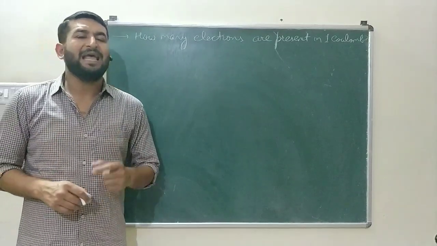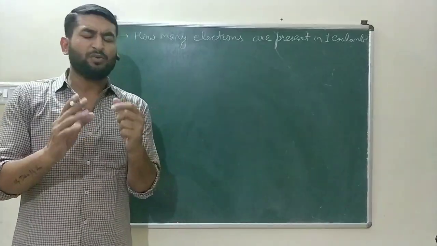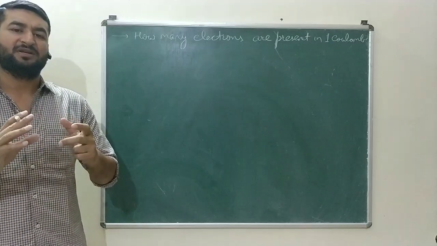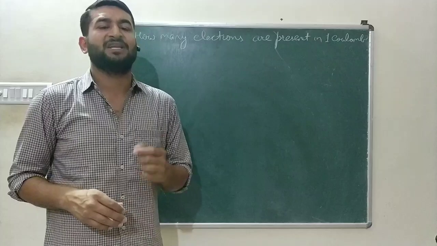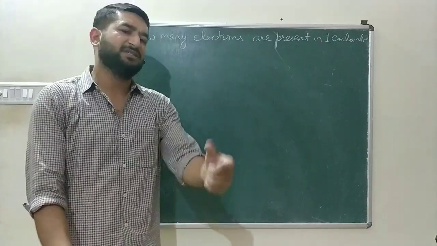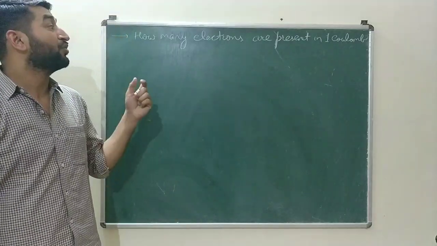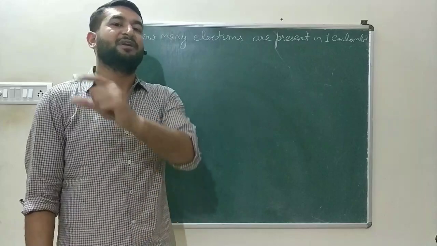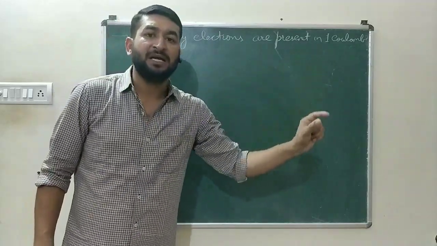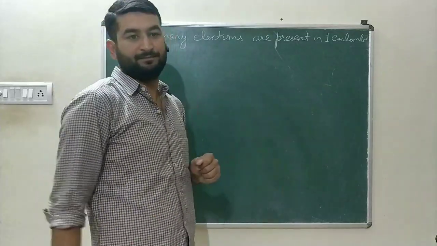Now we will discuss the application of this quantization of charge. This application is that it helps us to find the number of electrons in a given unit of charge. For example, there is an NCERT question in your book: how many electrons are present in 1 coulomb of charge. If 1 coulomb of charge is flowing through a conductor, then tell the number of electrons that pass through it.